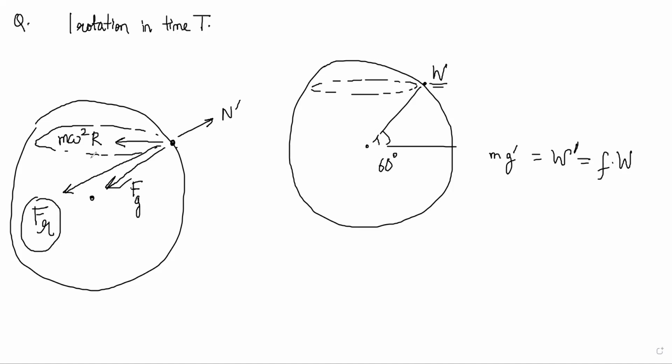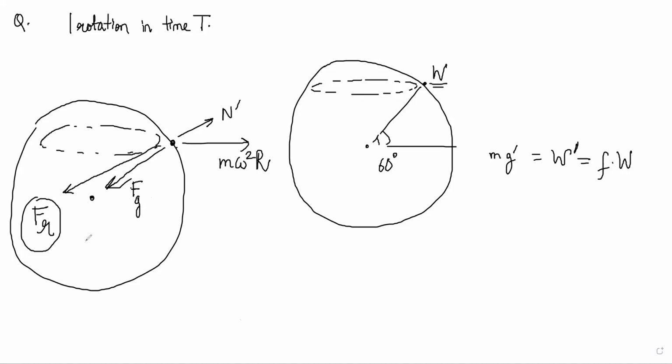So now, if you do the resultant of these two forces, m omega square r, and actually I should not put m omega square inside. I should put it in the opposite direction because I am on the rotating frame. So m omega square r is this side. It's a non-inertial frame, so I have to put a centrifugal force, right?